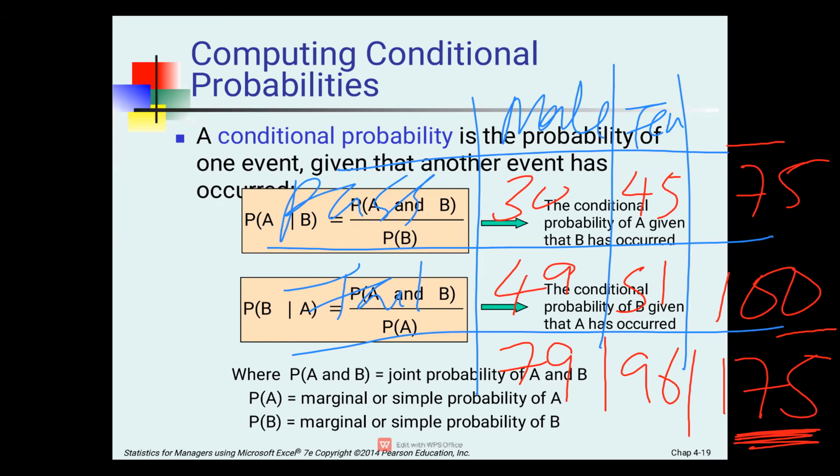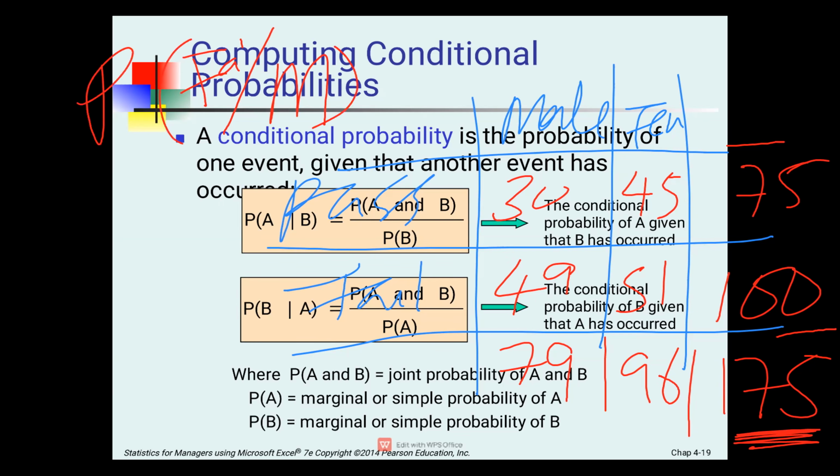Given that a student is male, so what you already have is that the student is male. What is the probability that the student failed? So we are looking for the probability of the student failing, given that the student is male.